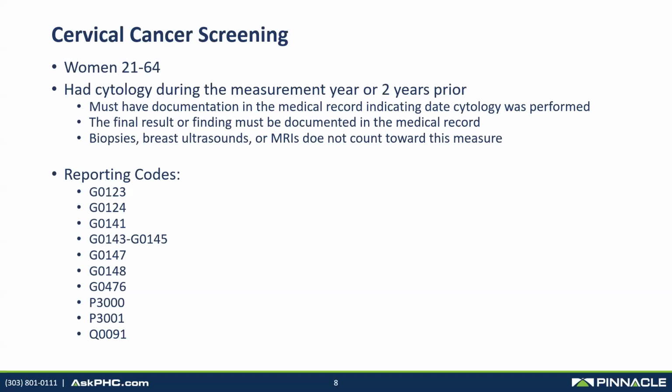The documentation has to be in the medical record and indicate the date that the cytology was performed. The final result or finding has to be documented in the medical record. Any biopsies, breast ultrasounds, or MRIs performed during the measurement year do not count towards any of these cervical cancer measures. And I have listed out the reporting codes for you.